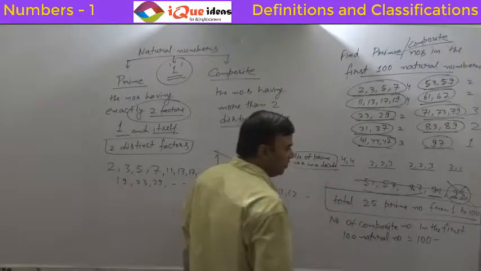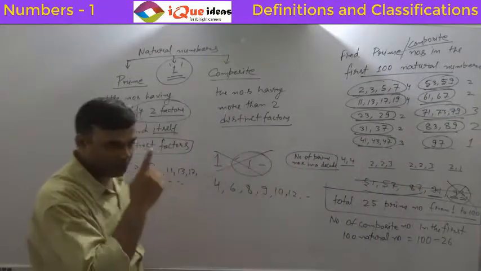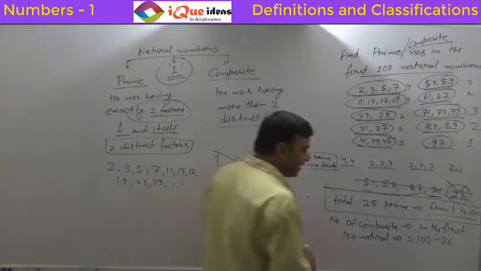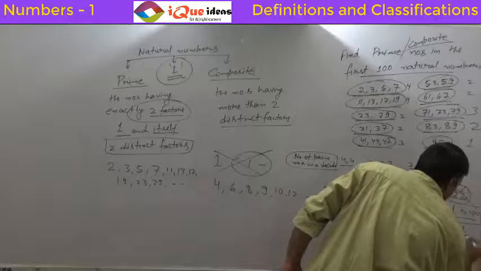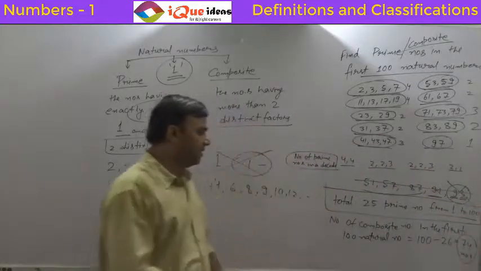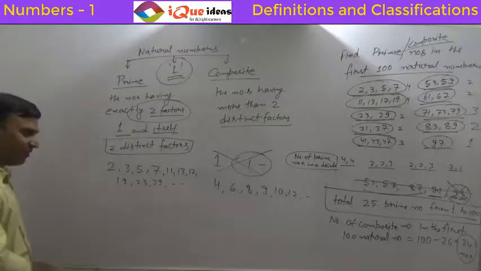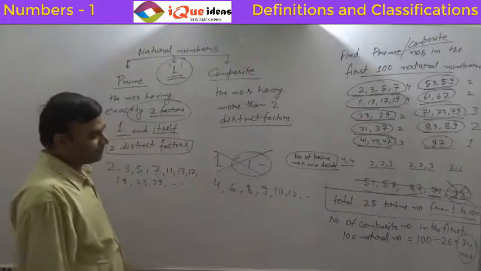What all do we have to remove? Total 26 we have to remove. Why 26? 25 prime numbers and 1 which is not prime, not composite. Total 26 numbers have to be removed. So the answer would be 74 numbers. So from 1 to 100 there are 74 composite numbers. So 25 prime numbers, 74 composite numbers and 1 which is not prime, not composite.